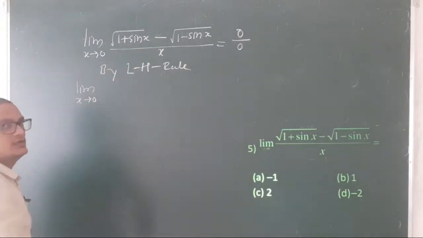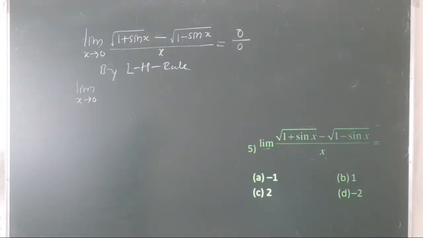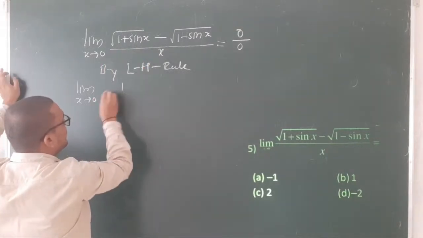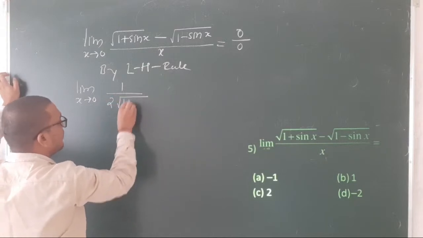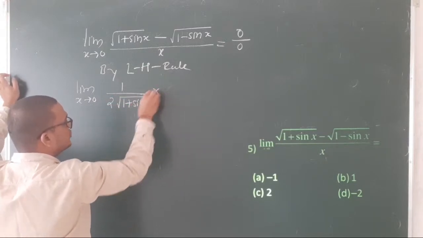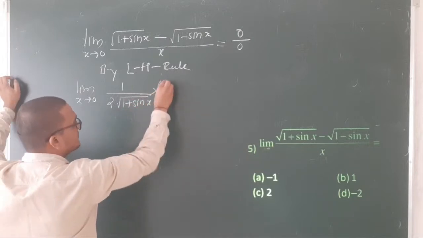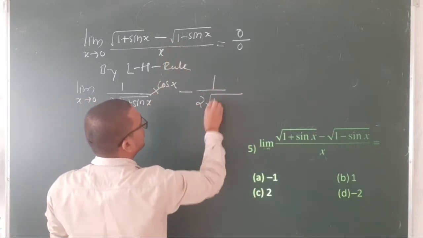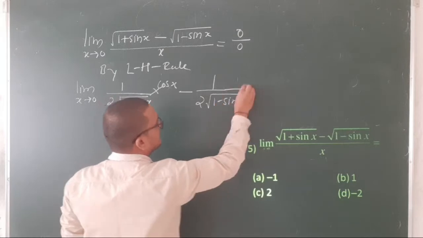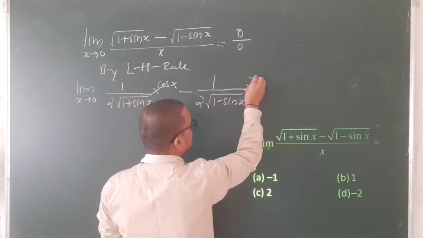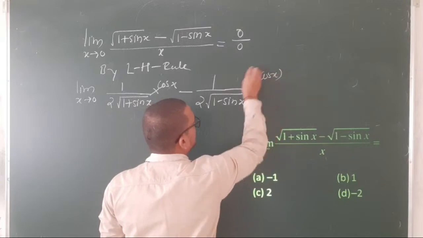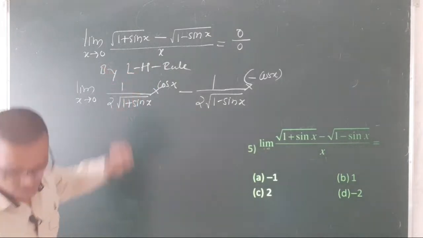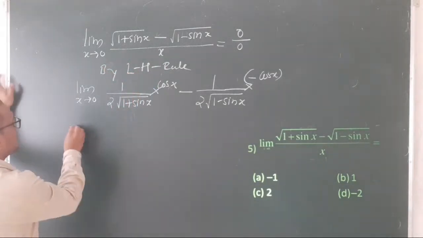What is the derivative of root of 1 plus sin x? 1 upon 2 root of 1 plus sin x into derivative of 1 is 0, sin x derivative is cos x, minus again 1 upon 2 root of 1 minus sin x into derivative of 1 is 0, minus sign as it is, sin x derivative is cos x, and the denominator is x. X derivative is 1, no need to write.